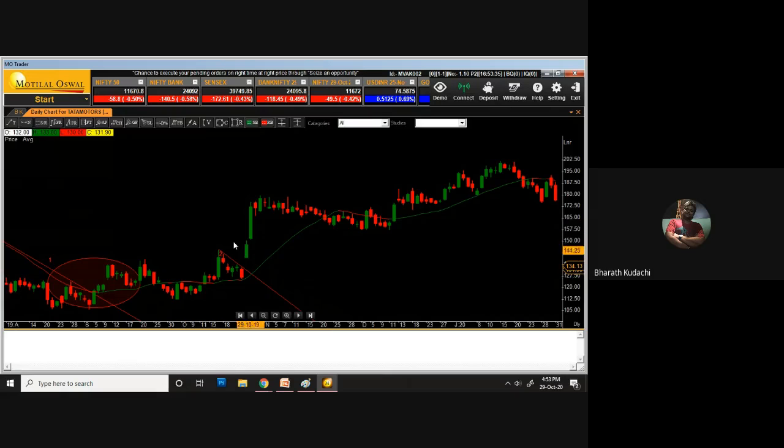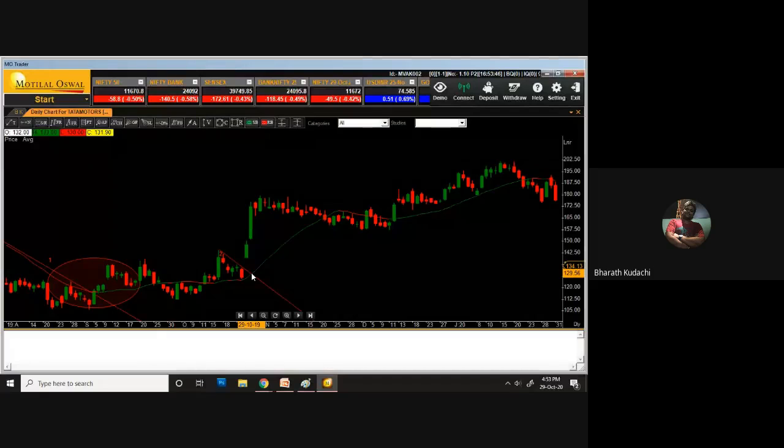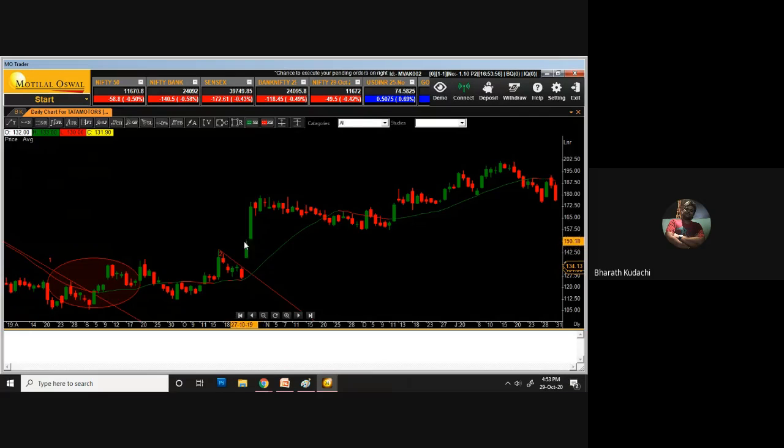When I drew a trend line, I told you the point at which my trend line and my moving average intersect, from there I should have a fresh green candle. Correct? So this is giving me a fresh green candle, right? When this is giving me a fresh green candle, I will invest my money at this stage.